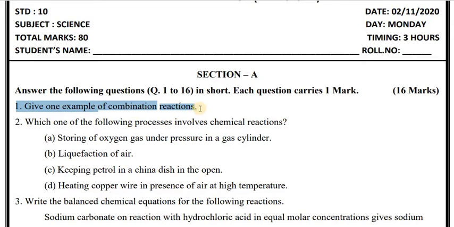So, the combination reaction means two elements combine and form one substance. A reaction in which two or more elements react with each other and form a single substance is called the combination reaction.